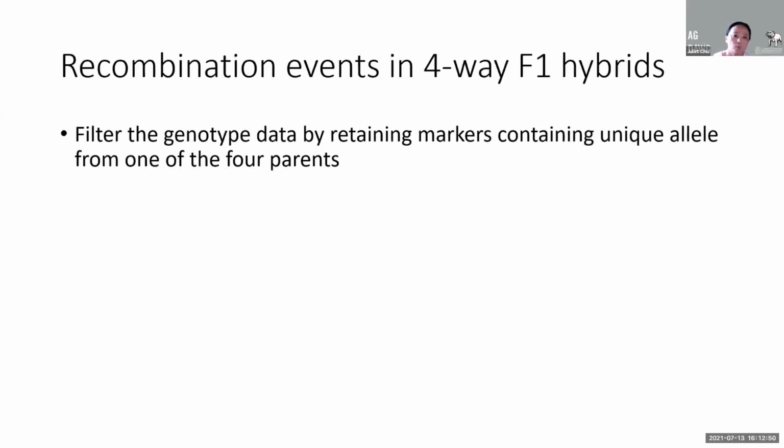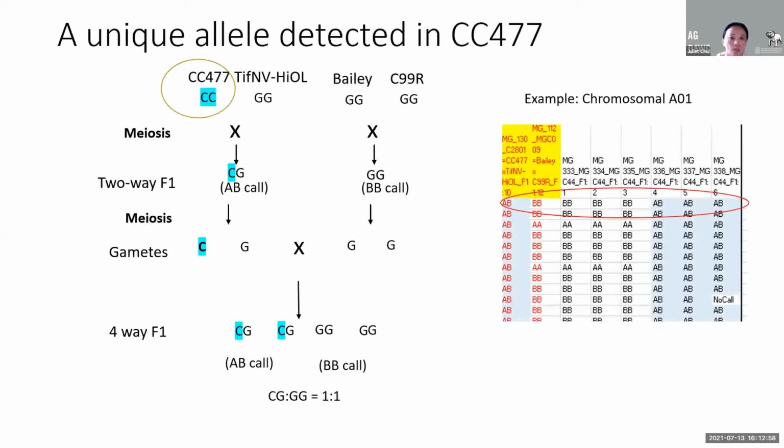The way we did it was to filter the genotype data by retaining the markers containing unique alleles from one of the four founder parents. Here is an example for one specific marker, CC477, which has a unique allele that is different from the other three parents used for the four-way crossing.